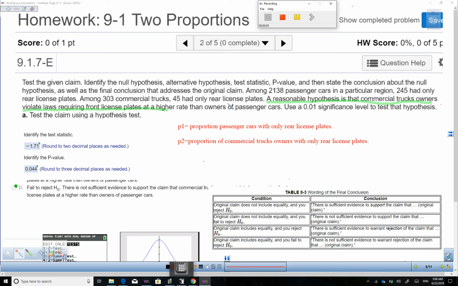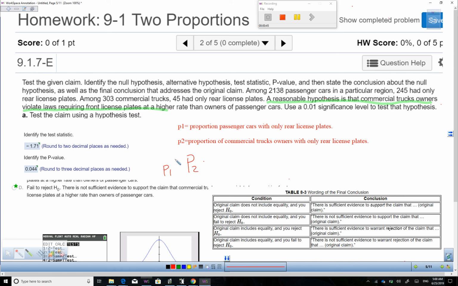Okay, in this particular situation, they want to test the hypothesis or the claim that commercial truck owners violate laws requiring front license plates at a higher rate than owners of passenger cars. So P2 in this situation will be higher than P1.